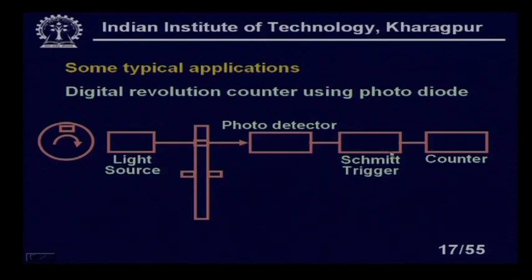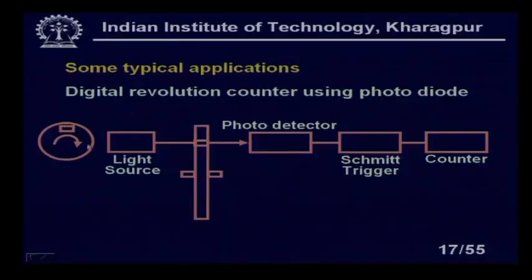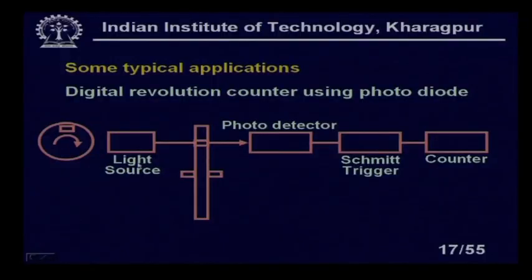So, you must send it to a Schmitt trigger, which is called a pulse shaper, to give a regular shape pulse, and then to a counter. As the speed of this disk increases, the number of counts per second or per minute will also increase, right. So, I can make a direct RPM meter, or revolution per minute meter, by this type of scheme.